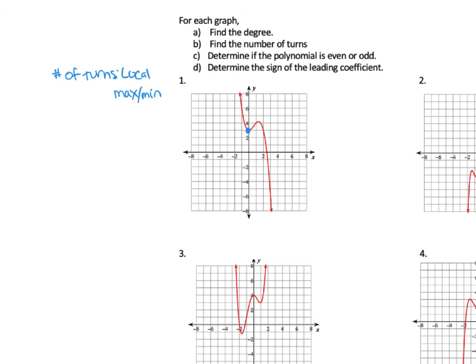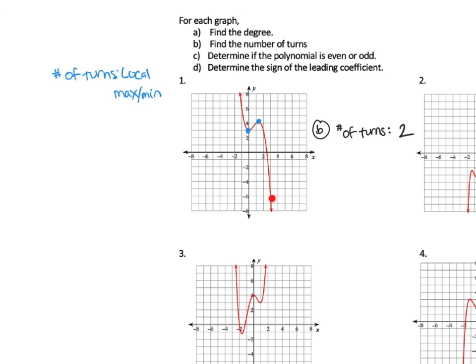Another place we have a turning point is if we come all the way up here and then turn around and move downward. That's a turning point. So if I was to list our number of turns, there's 2. There's 2 turns overall. Now, the degree may be a little bit trickier.